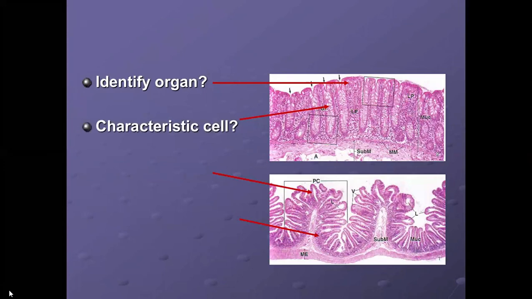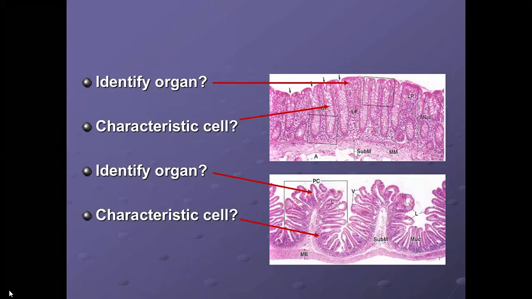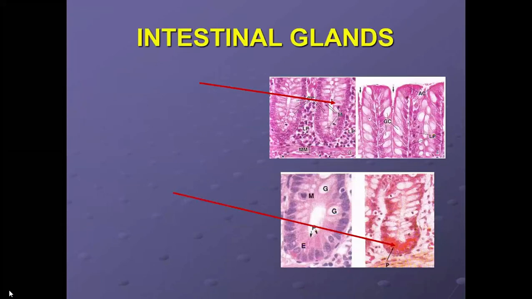Characteristic cell. What is that characteristic cell? Identify organ. Characteristic cell. Those are in the intestine, gastrointestinal tract. Intestinal glands. Okay.